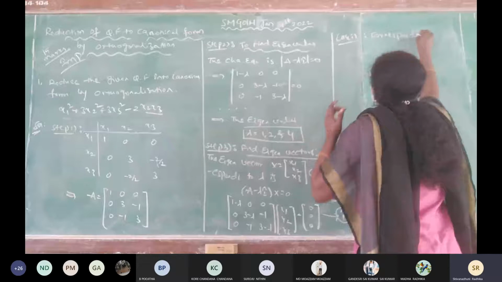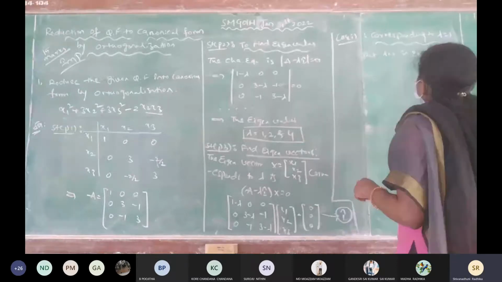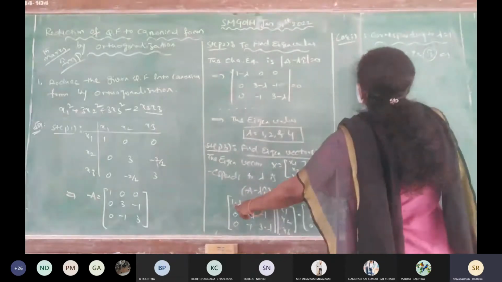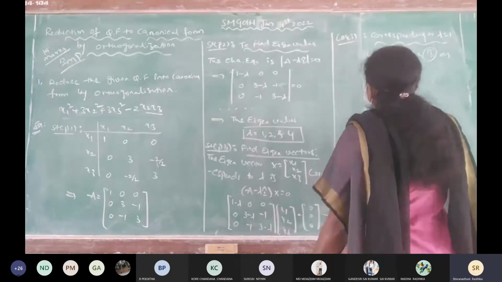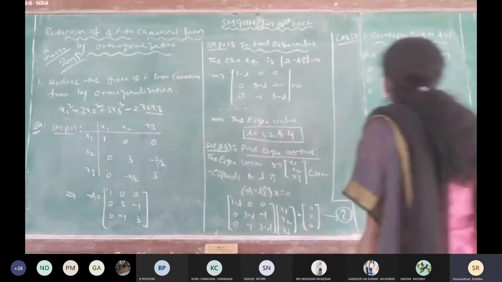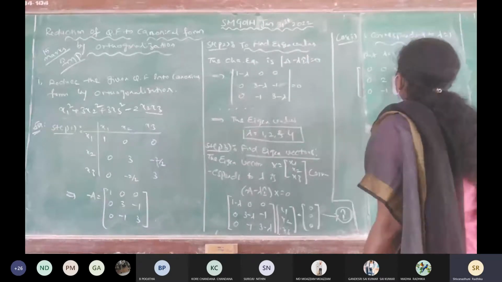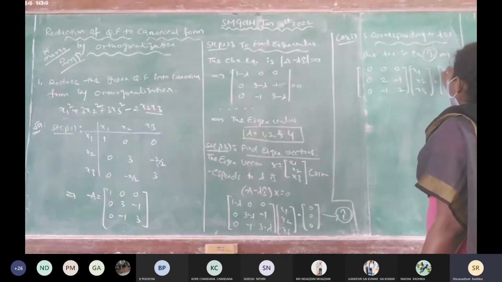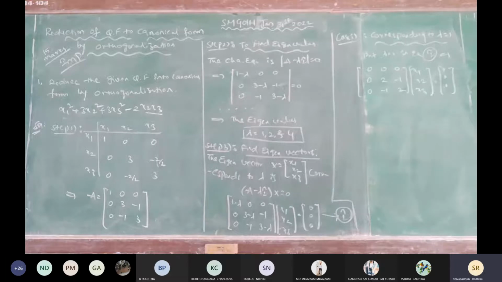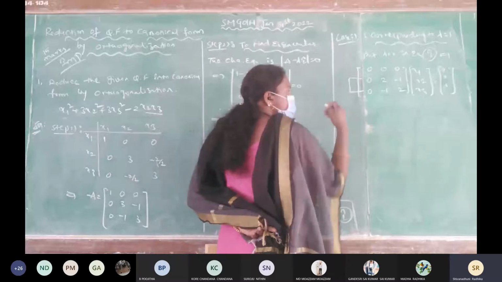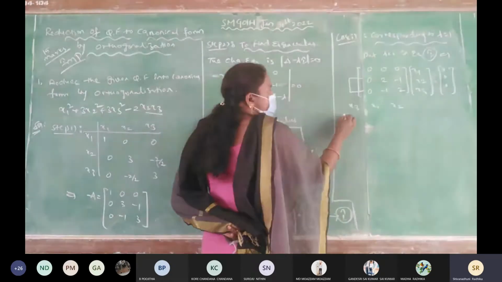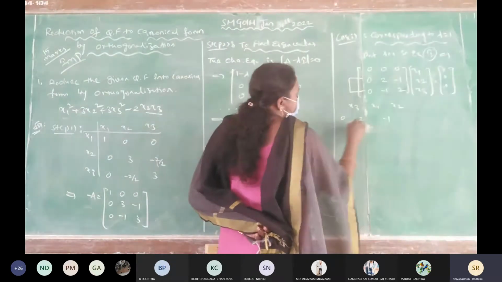In equation number 1, put lambda equals 1: the matrix is 0, 0, 0; 0, 2, minus 1; 0, minus 1, 2, into x1, x2, x3, equals zeros. Since one of the rows is completely 0 and the remaining 2 rows have only variables, I select the last 2 rows for the cross multiplication method.